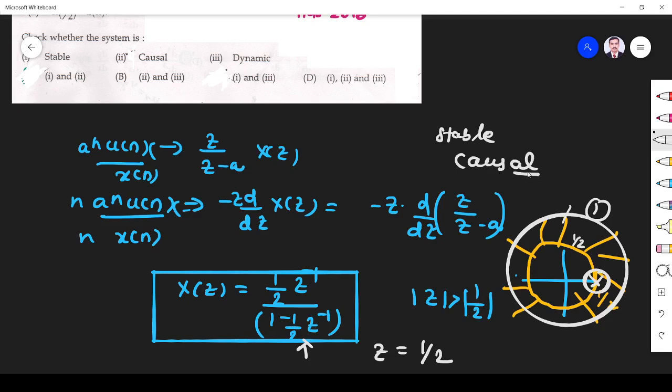The ROC includes the unit circle, so it is both causal and stable. Moreover, it is a static system, not dynamic. Please remember that. So option A, telling that 1 and 2 are correct: causal and stable are the correct answer.